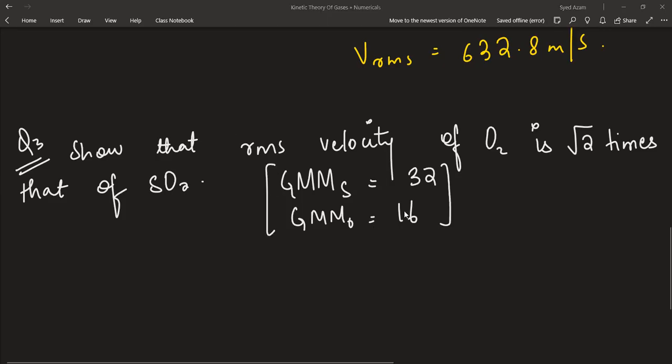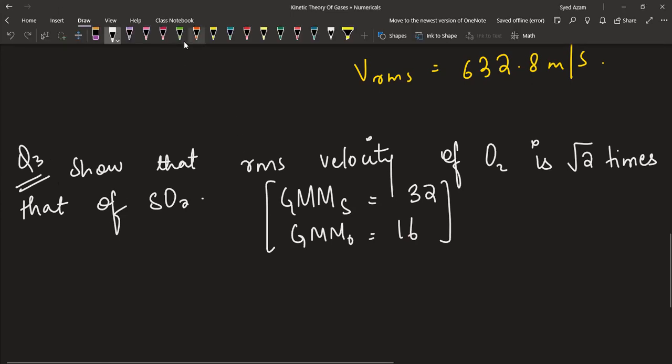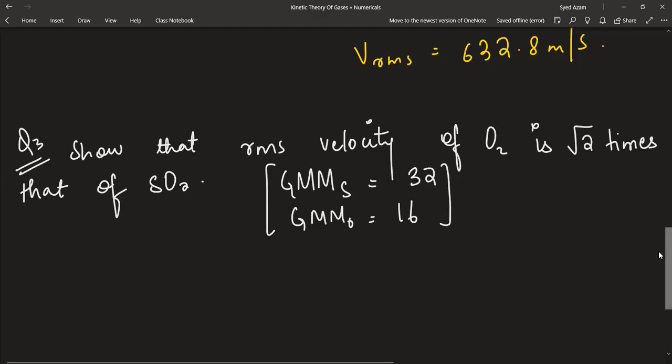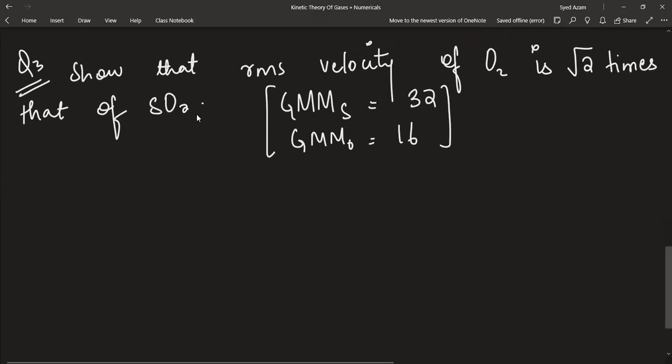This gram molecular weight you should already know from your chemistry, though it is mentioned in this question. See, it's also a very small question if you do it systematically. Remember, in the previous part, what did we see as the formula?